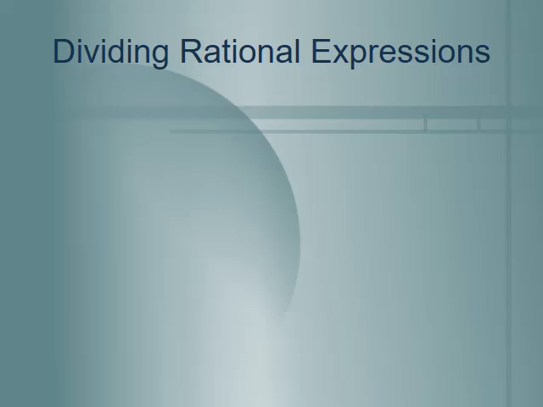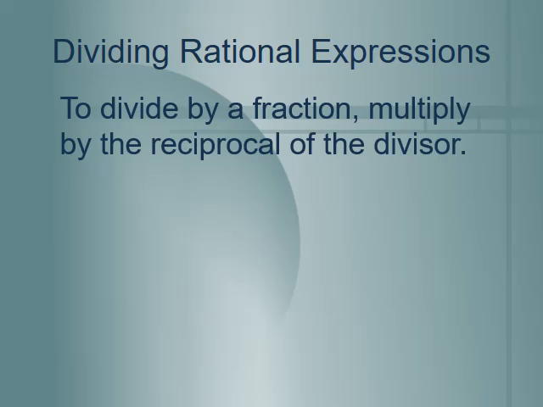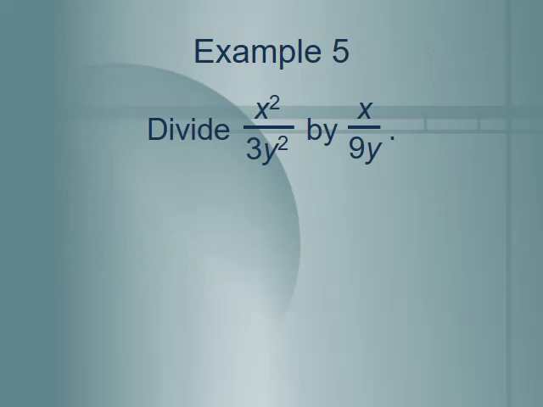So now let's look at dividing. If you'll remember, when you divide fractions, you use the first fraction times the reciprocal of the second fraction. So when we look at this, we're going to end up saying x squared over 3y squared times 9y over x, because we have to use that reciprocal.